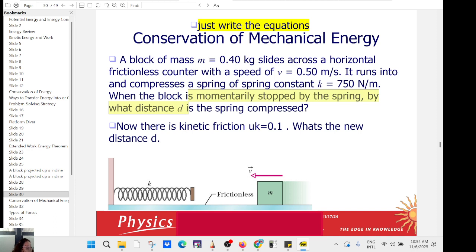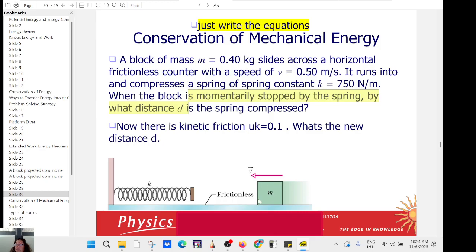Let's do this one. Do it now. You know how to do it. It's an easy one.